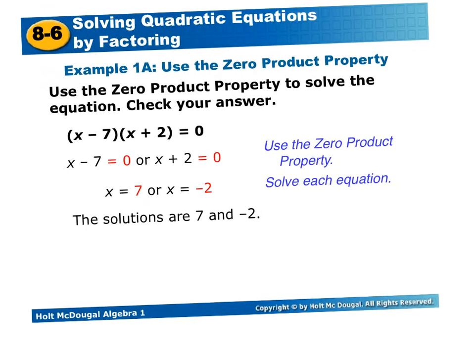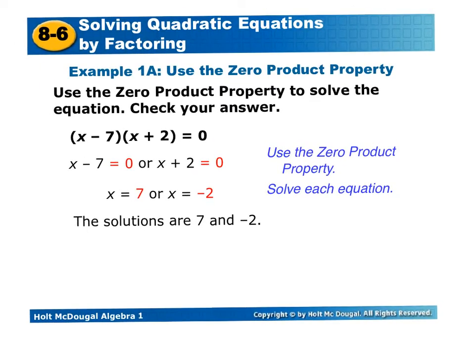So let's say they gave us a problem to factor, and they came up with our two binomials. Notice how I just demonstrated when I was going over the homework. You take each binomial, set them equal to 0, and solve for x. So you set each one equal to 0.